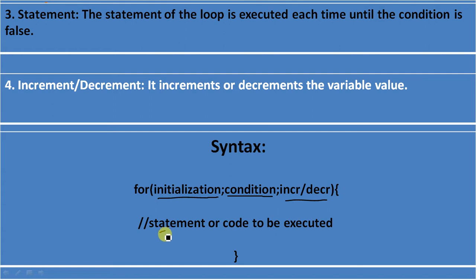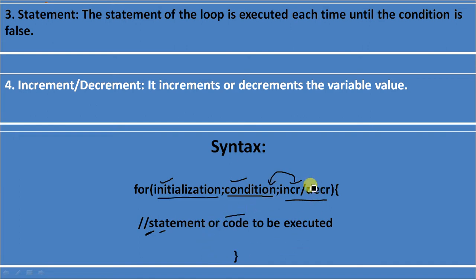So how does the for loop work? First we initialize the variable value. Second, it checks the condition. If the condition is true, it executes the statements of the for block. Then it increases or decreases the variable value. Then again it checks the condition. If the condition is true, it executes the set of code.